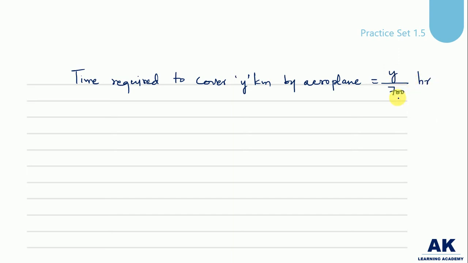Distance upon speed. So according to the second condition, the average speed of the aeroplane is 700 kilometer per hour, right?